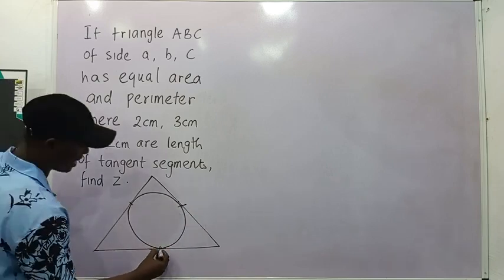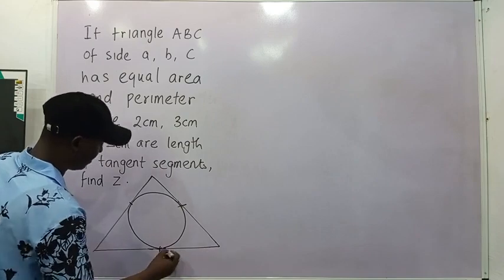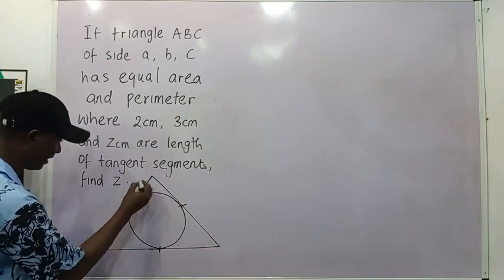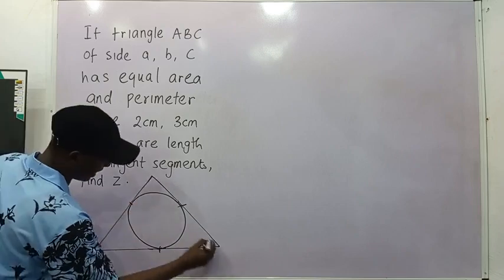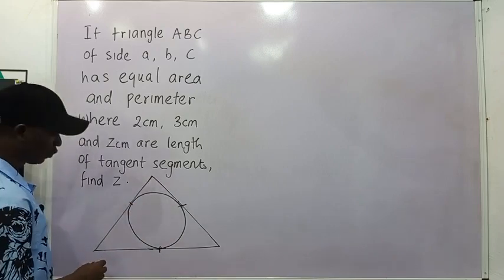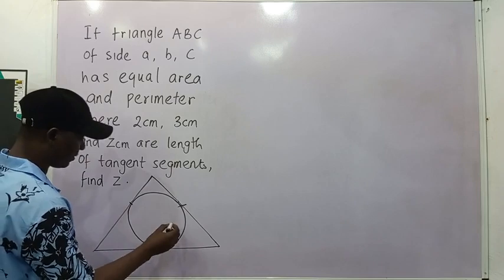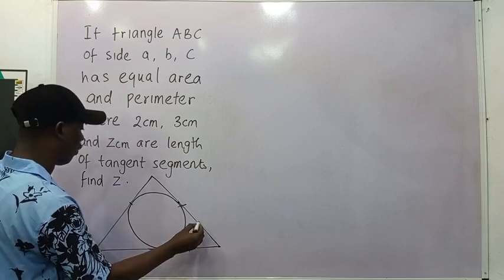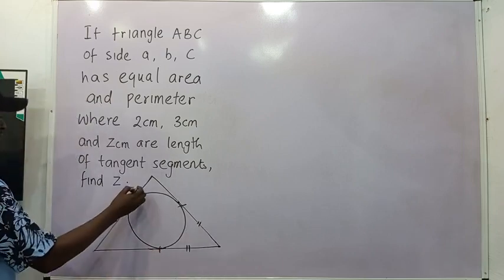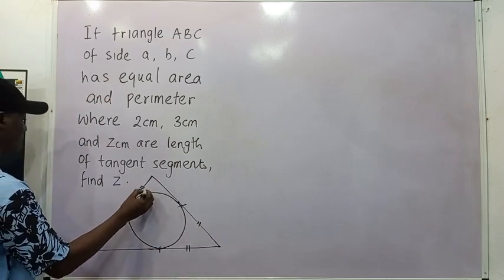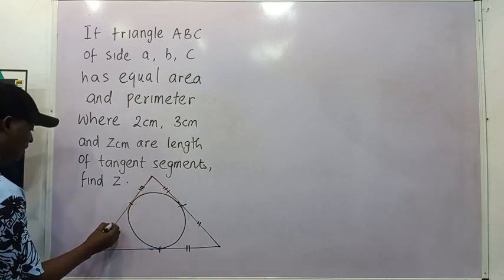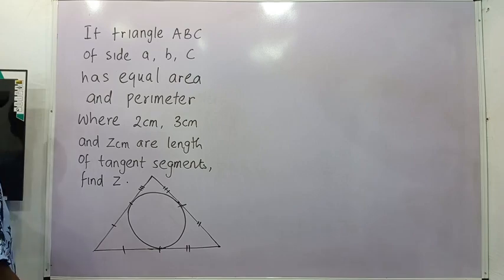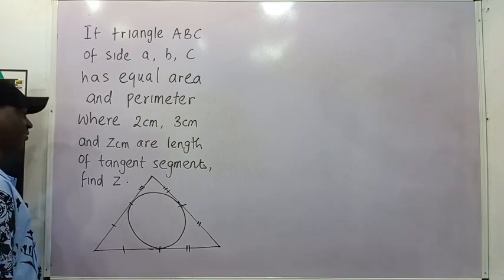Those lines are tangent to the circle. Don't forget, from an external point, here is equal to this place, here is equal to this place, and here is equal to here. So these are tangent segments.